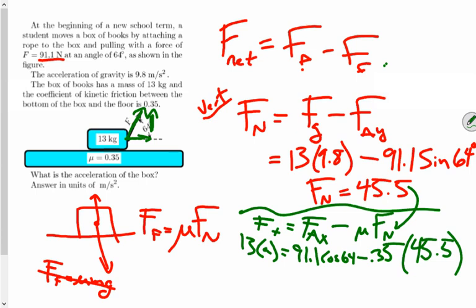The horizontal piece was what was being used to slide it along. That's why I had to do sine and cosine theta. Those are the important things. You can work your way through the problem from there with your numbers, but I want to make sure at least you understand that sometimes the normal force does change.